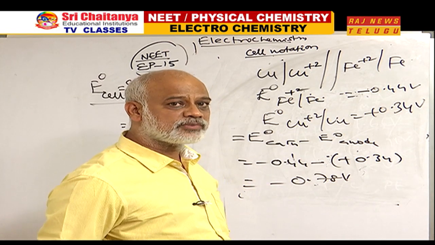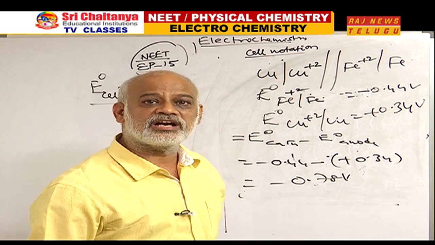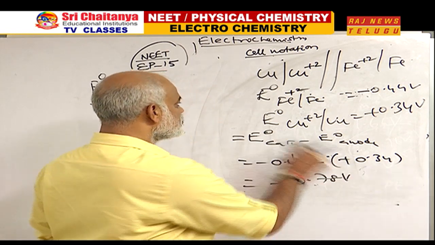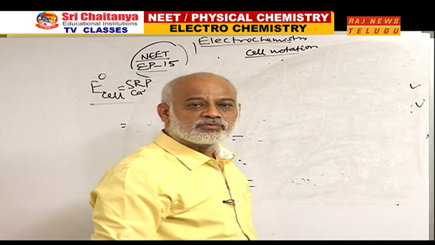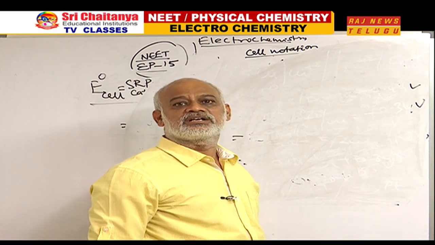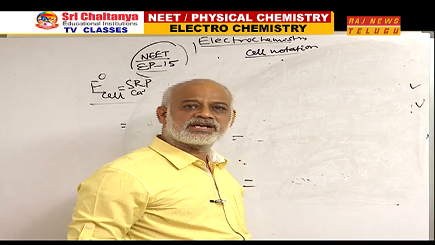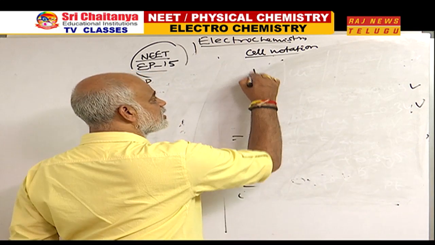So, now the next point is, what is the effect of concentration on electrode potential values? That is actually given by Nernst equation. What is the effect of concentration change on electrode potential values and cell potential value? This was actually given by Nernst equation.